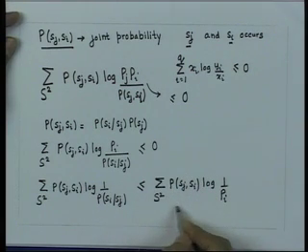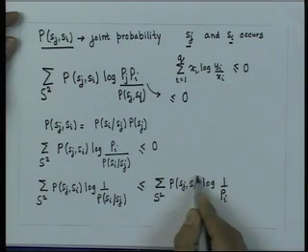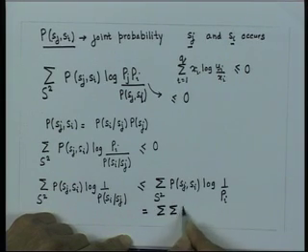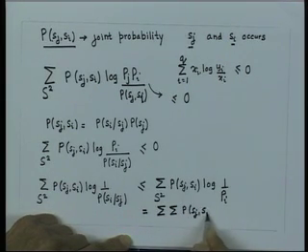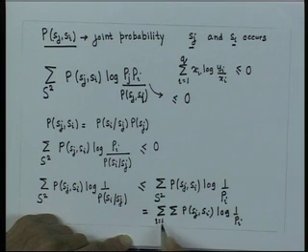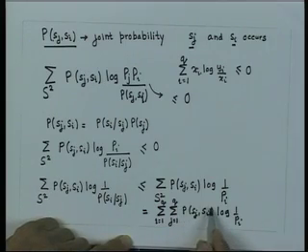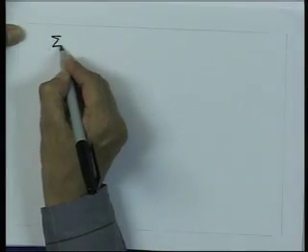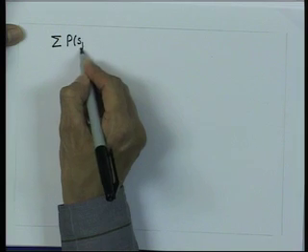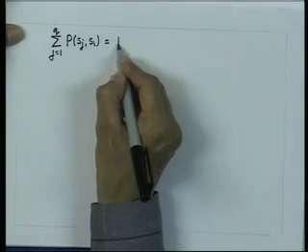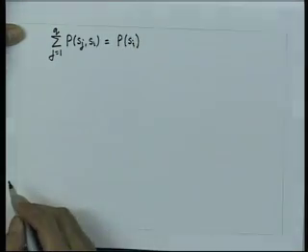If you look on the right hand side and concentrate on this term, this is nothing but equal to the double summation of probability of S_j S_i log of 1 by P_i. The summation is over i equal to 1 to q, j equal to 1 to q, and this summation over j equal to 1 to q of probability of S_j S_i is nothing but probability of S_i.